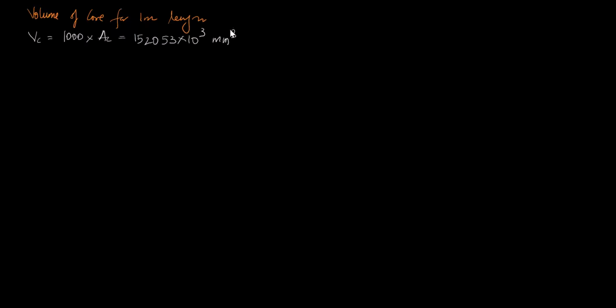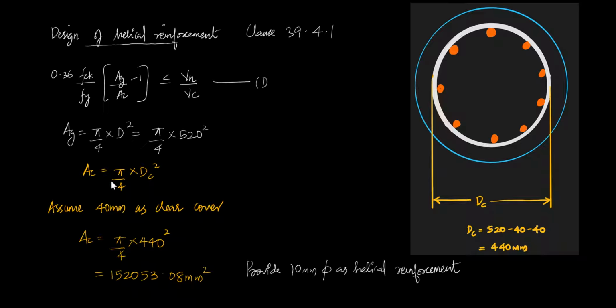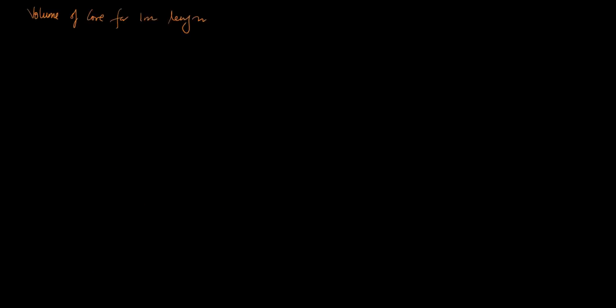The volume of core for 1 meter length is 1 meter into the area of the core, that is 152053.08 into 10^3 mm cube, which will be the volume of the core.